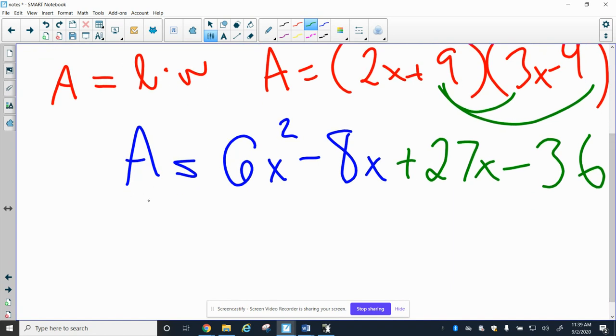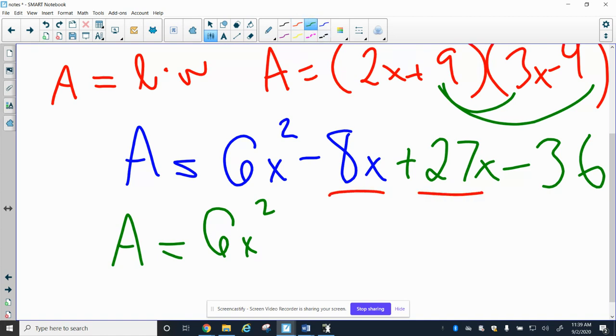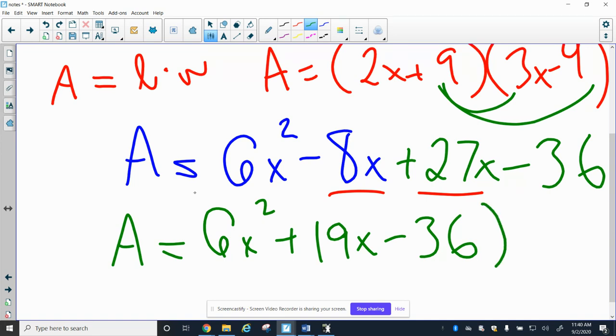Now we fully simplify. We have 6x squared. Combine the negative 8x and the 27x, so that'd be plus, in this case, 19x, and a minus 36. Now if we're talking area, then this would be in inches squared.